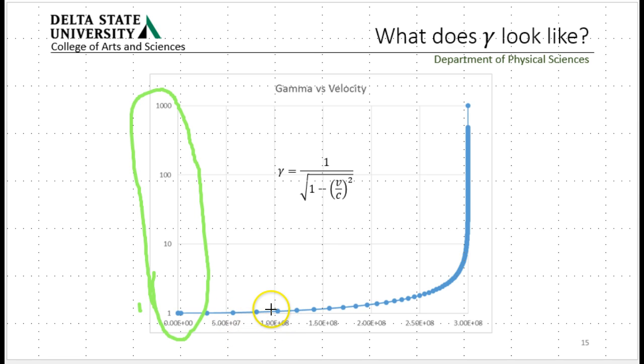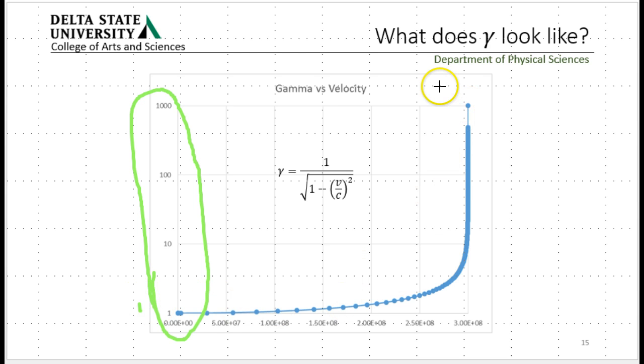At 1, moved just a little bit. At 2, we're up probably around a value of 2 or 3. At 2.5, we're getting up to a value of around 4, but then it makes this turn as you get close to the speed of light, and it shoots up dramatically.